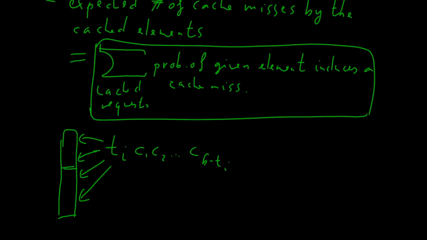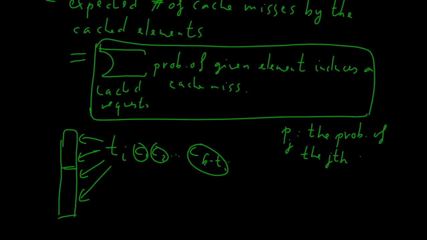So I will compute the probability of C1 inducing a cache miss, then the probability of C2 inducing a cache miss, which will be the expected value of the cost induced by the second cached element, and so on, up to this last one. Let Pj be the probability of the jth cached entry inducing a cache miss.